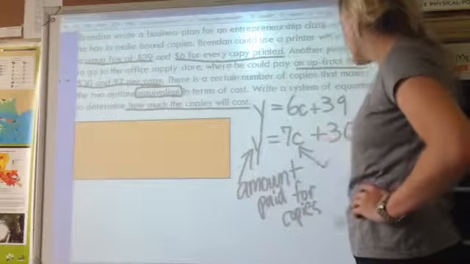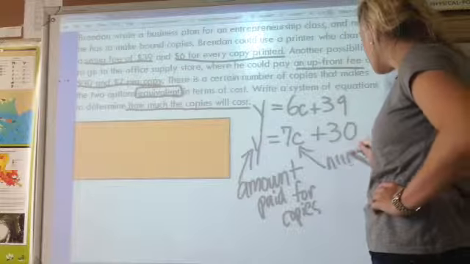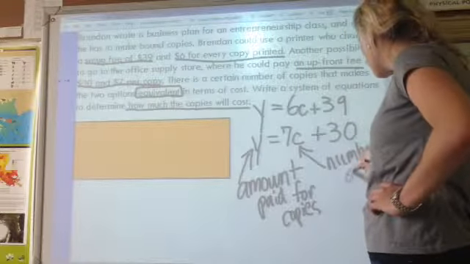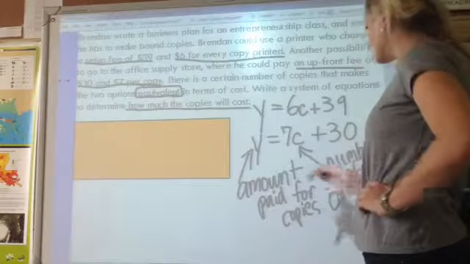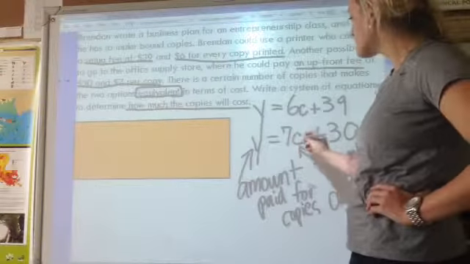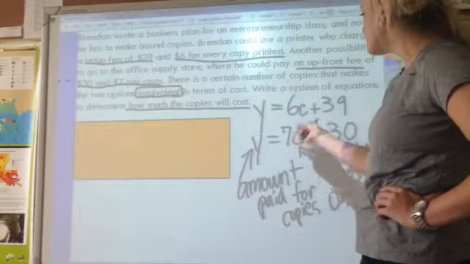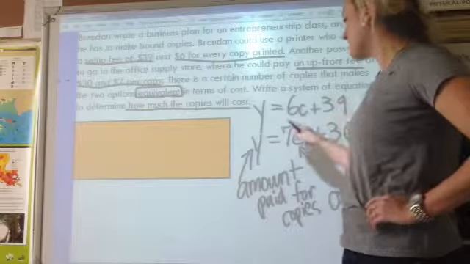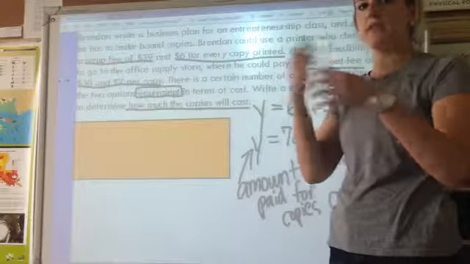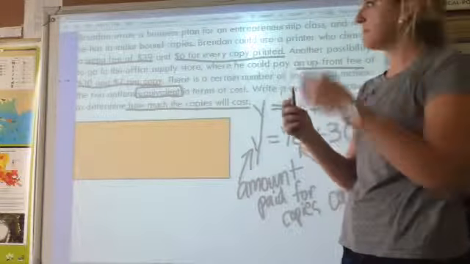C, on the other hand, is going to represent the number of copies made. And I know that because if it's $7 for one copy, and I were to substitute 1 for C, it would just be 7 times 1, which would give me 7, and 7 and 30 together would be $37 collectively.